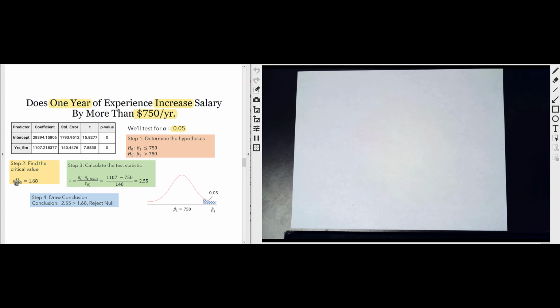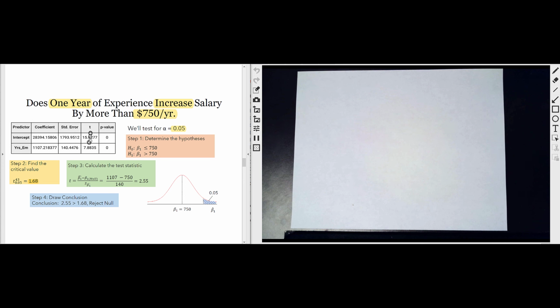And we just look up in our t-table the t with a significance of 0.05 and 43 degrees of freedom, which is 1.68. All right, so we have to have a test statistic that is out beyond that t of 1.68.